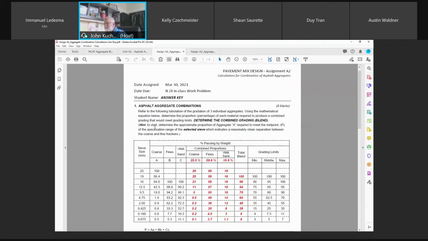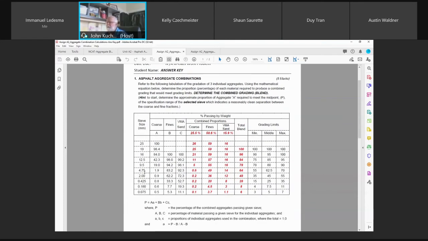Hint, to start, determine the approximate proportion of aggregate A. Okay, we're looking at A, to meet the midpoint or middle grading of a certain sieve that will give us a clean separation between the coarse and fine fractions.